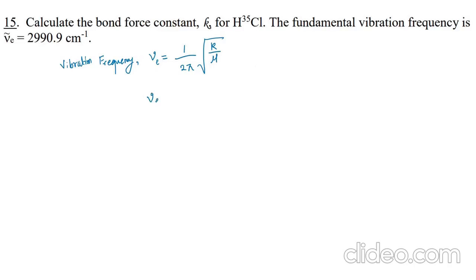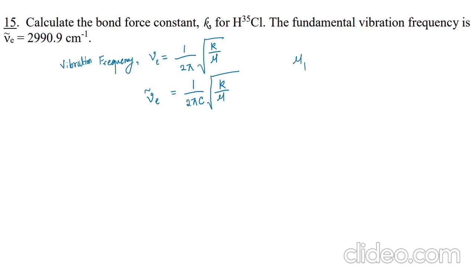If it is given in centimeter inverse, then it will be 1 by 2 pi c. This is the main part where you need to be very careful about whether we are dealing with frequency or wave number. It is written frequency, but from the unit you can say this is in centimeter inverse, so you need to take the appropriate formula.